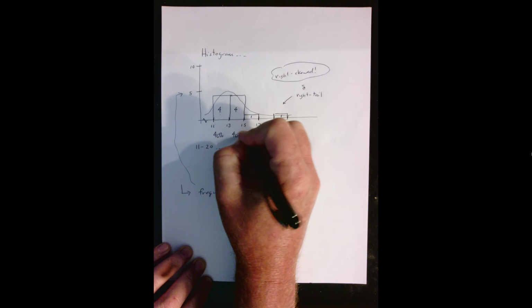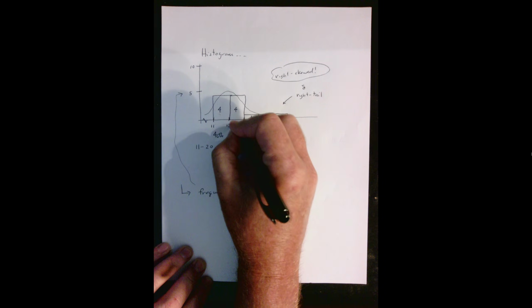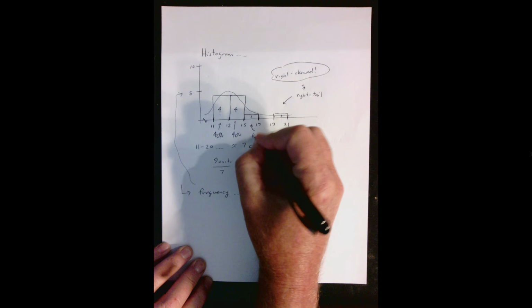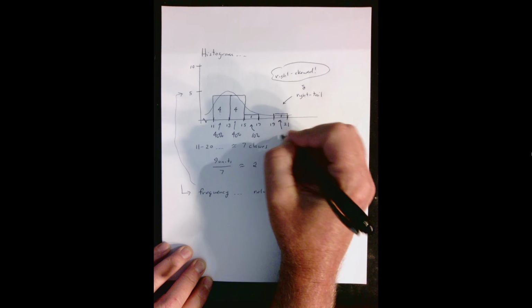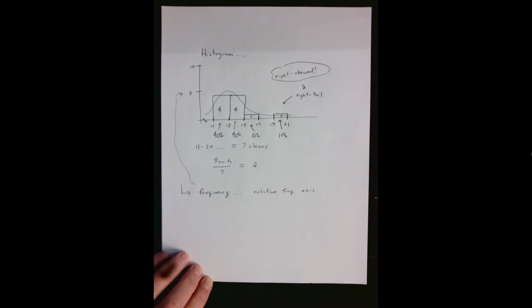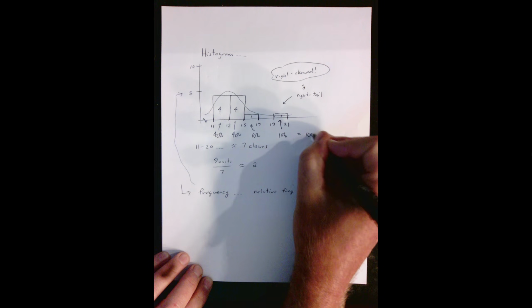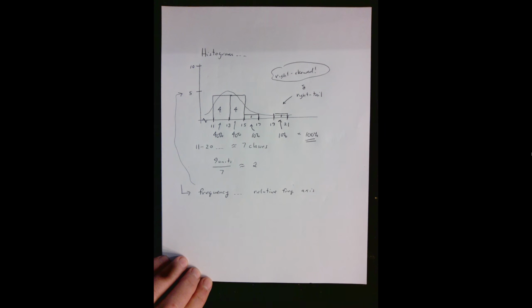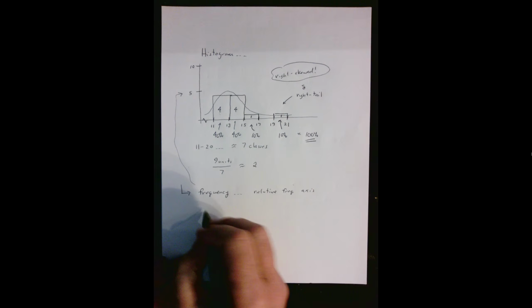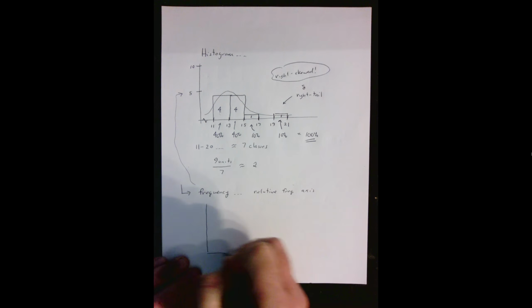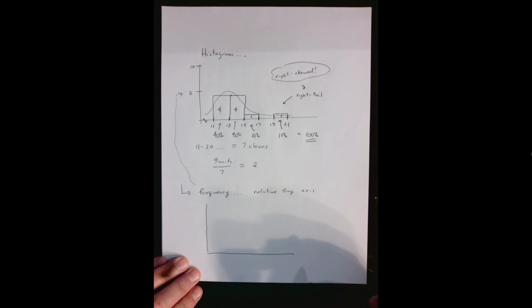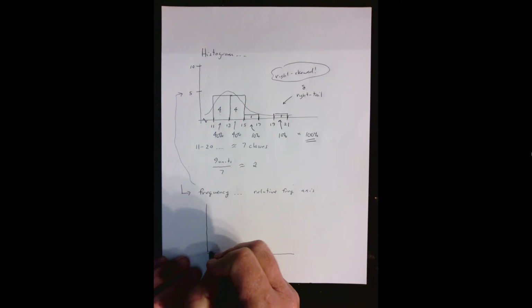So I have 40% here, 10% here, and 10% here. And this will always add up to 100%. A relative frequency histogram does exactly the same horizontal axis. So we'll break it up.